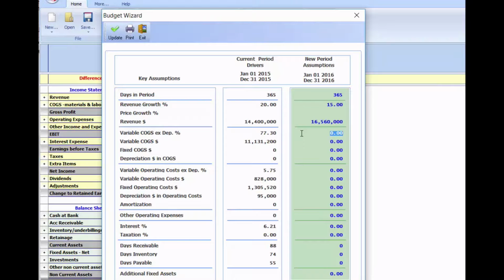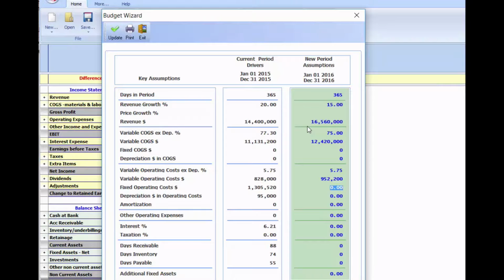So through the strategy, we improve our cost of inputs from 77 to 75. And we notice that our variable operating costs are about 5.75%, and for the moment, we're going to keep it fairly similar to see what that will bring.